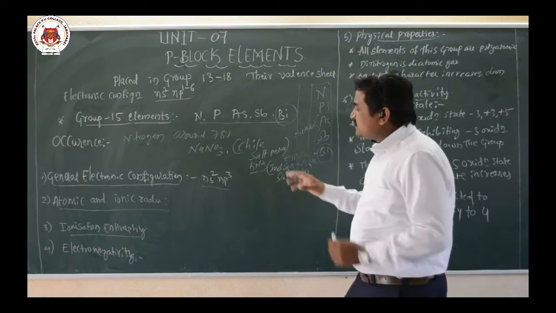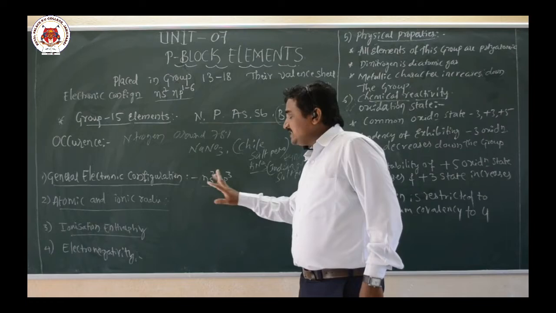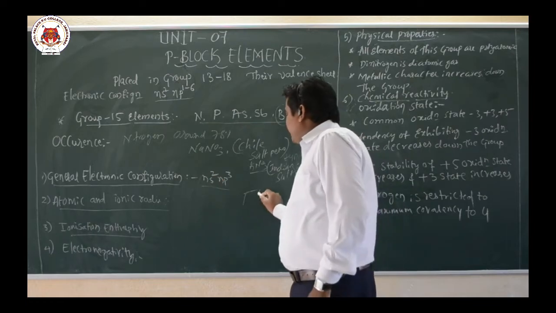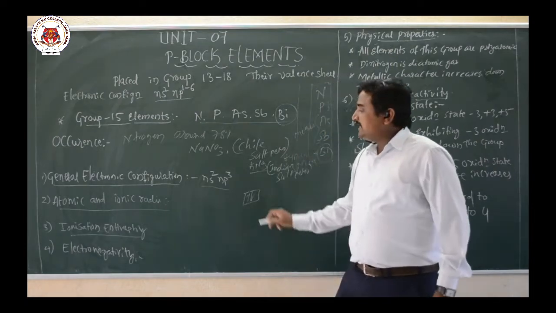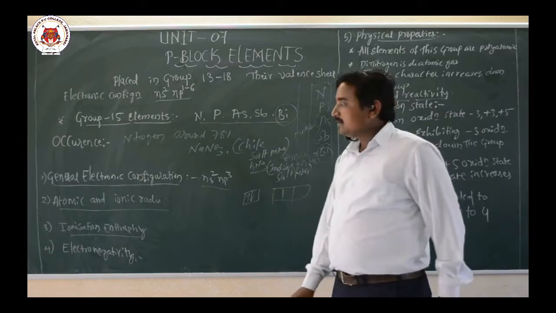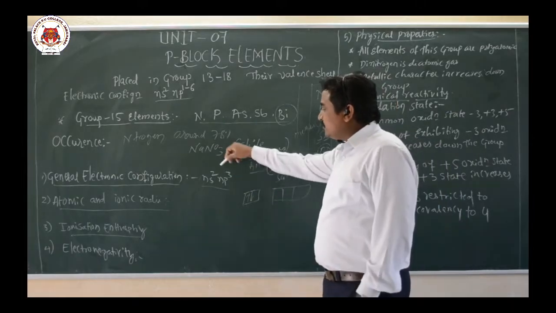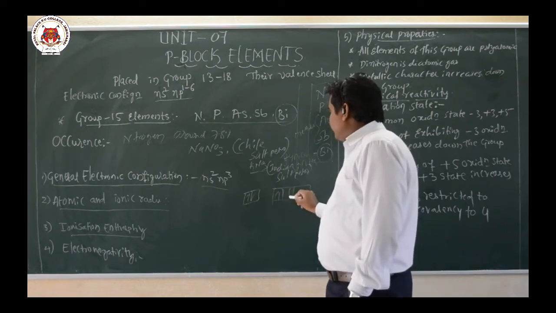By observing this configuration, we know that the s orbital occupies a maximum of 2 electrons and the p orbital occupies a maximum of 6 electrons. But here the general configuration of group 15 is ns2 np3.